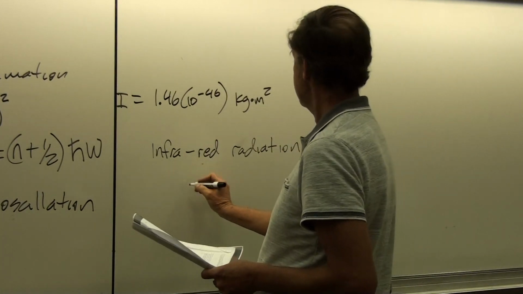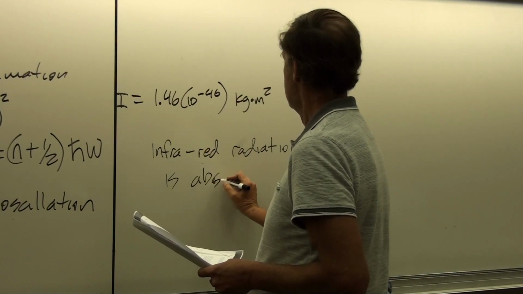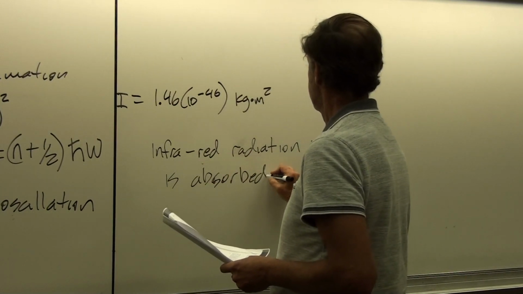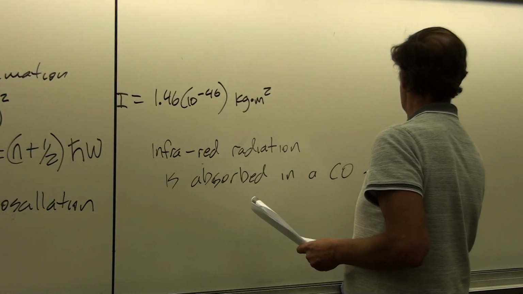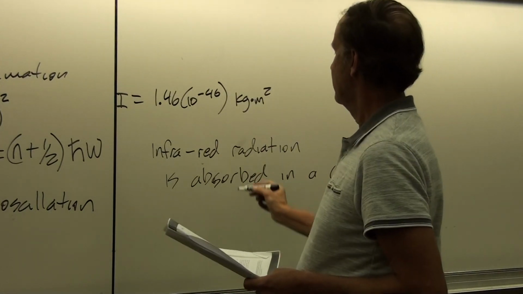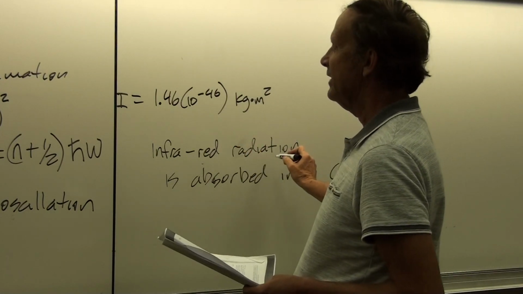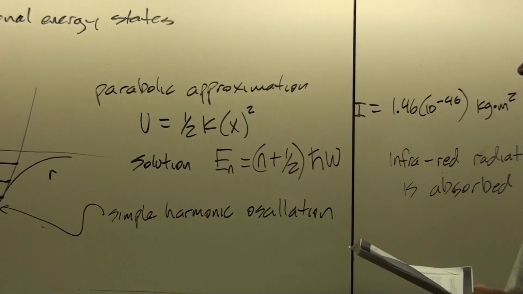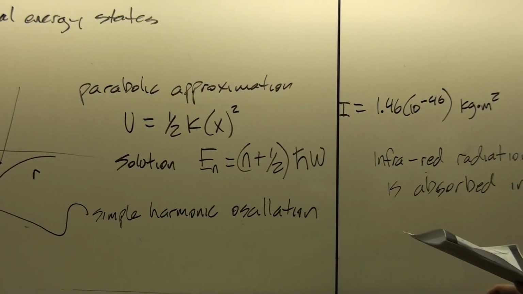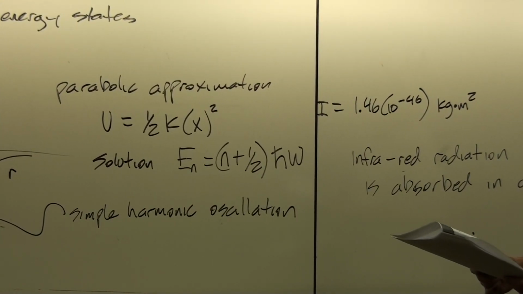Okay, so here infrared radiation is absorbed in a CO solution. So that means then that we know that infrared radiation is associated with some kind of a vibrational state. And I'll show that by actually calculating the energy of the vibrational state in a second.